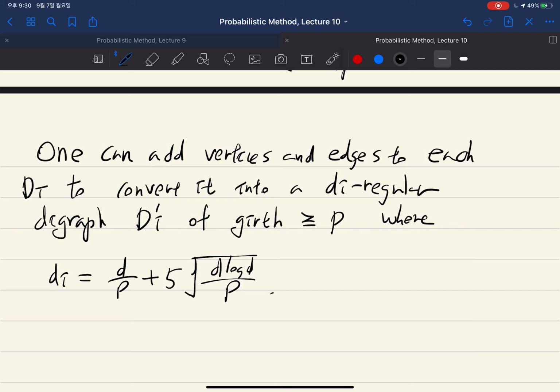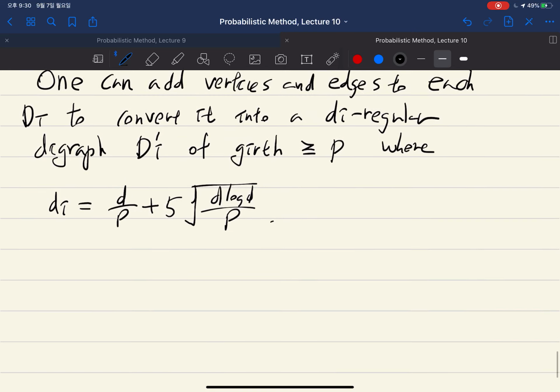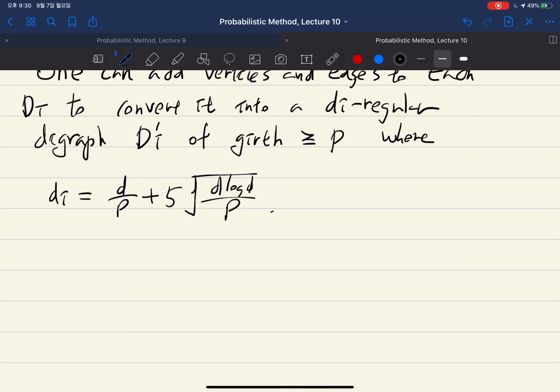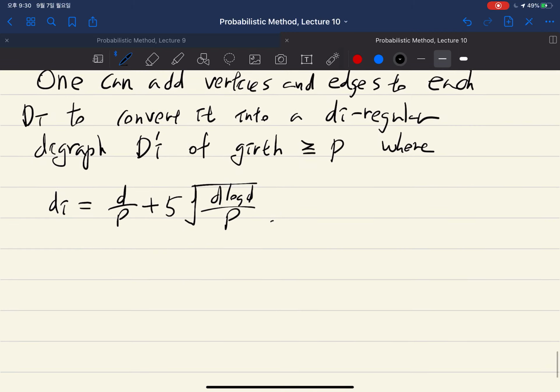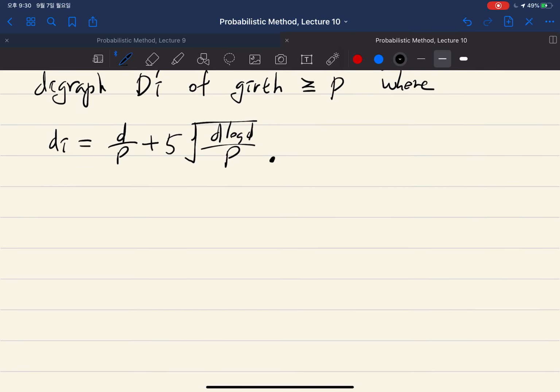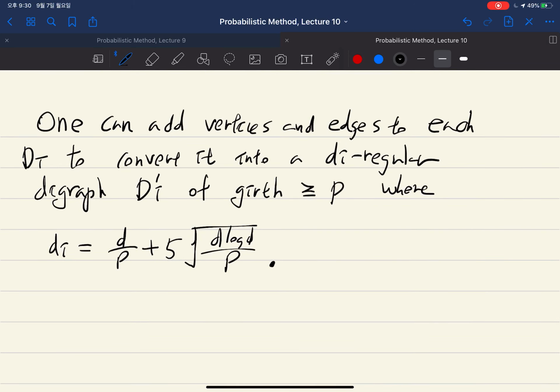So this is a basic proposition in graph theory that we have learned. Yeah, we will not actually prove it here, but it's not so difficult to actually do this, so you can think about it by yourself.